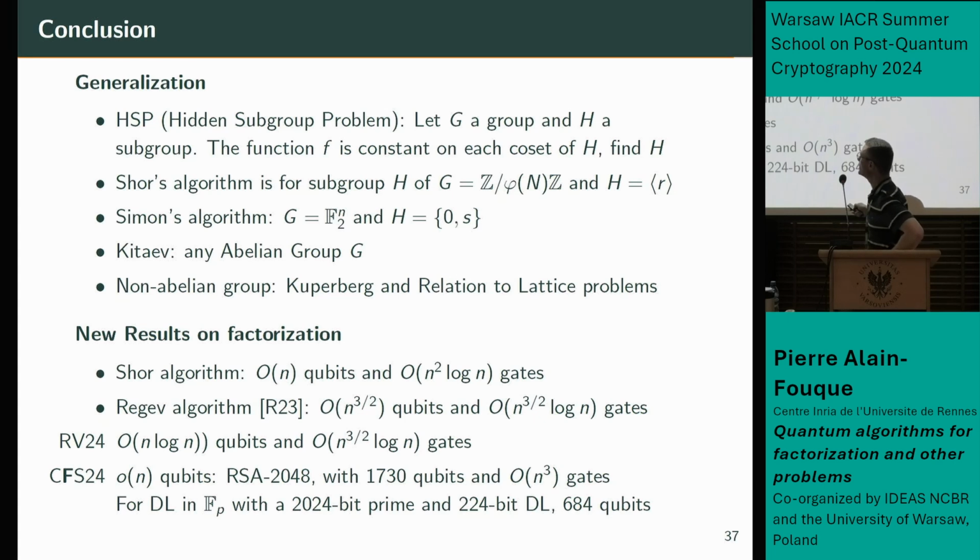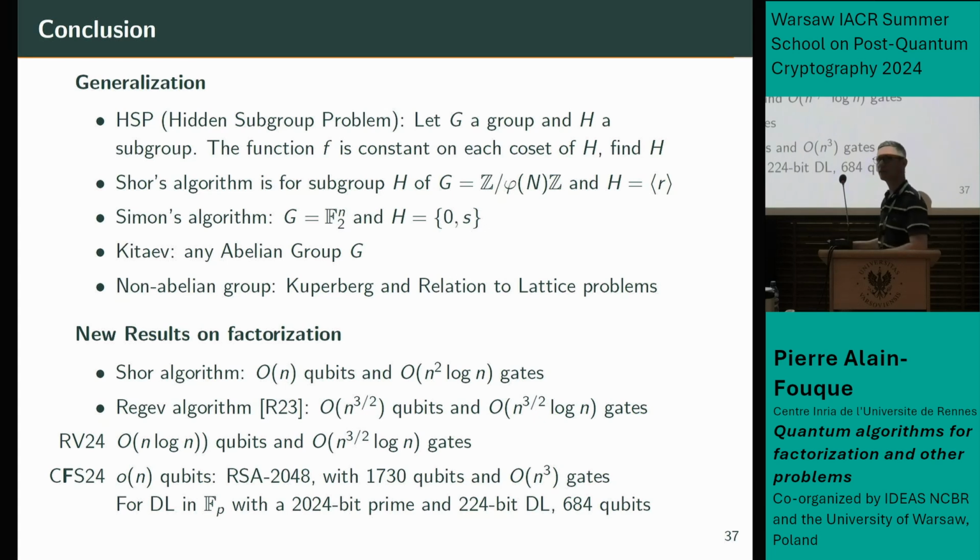However, he increased the number of qubits. More recently, Ragavan and Vaikuntanathan showed that they can do the best of both worlds. So they can work with n log n qubits and with the same number of gates as Regev. And more recently, we showed that we can also work with less than n qubits.